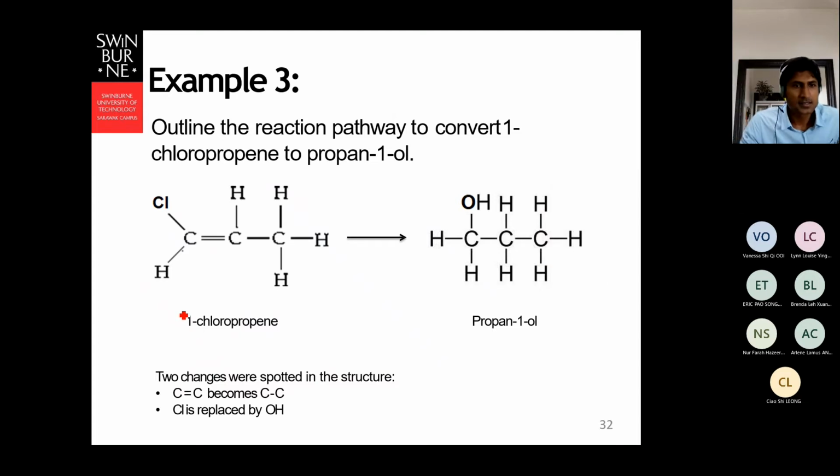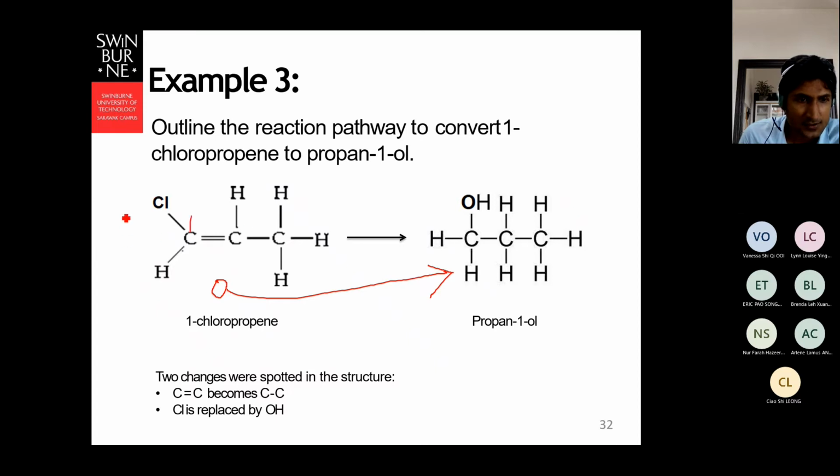Okay. So example 2 says: outline the reaction pathway to convert 1-chloropropene to propan-1-ol. The question is asking how, from here, we can make this. What is the difference?